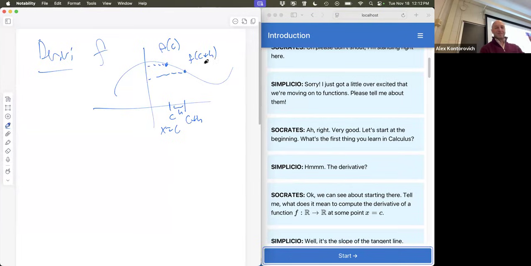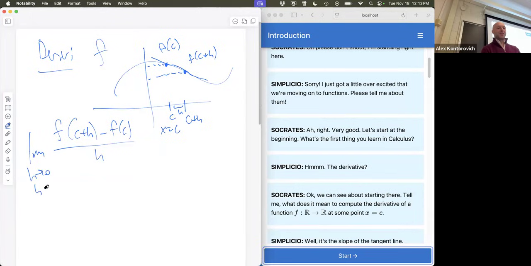Then what do you do? You take the slope, exactly. You take the slope of the secant line. There's a secant line that passes through these two points. The secant line has slope f of c plus h minus f of c, that's the rise, over the run, c plus h minus c, also known as h. And then you take the limit as h goes to 0.